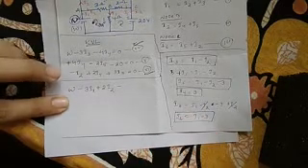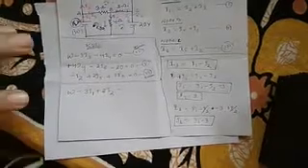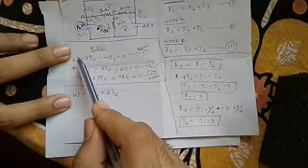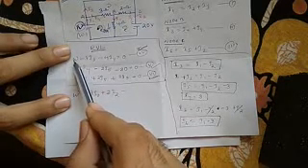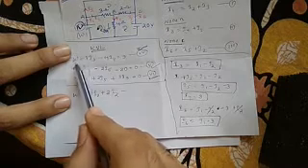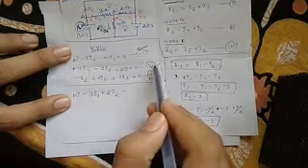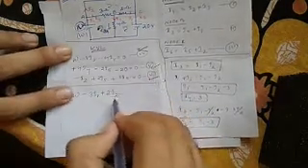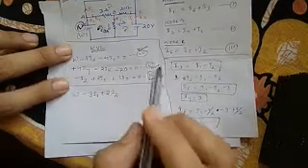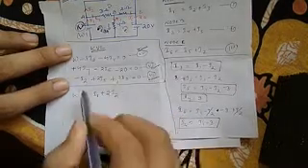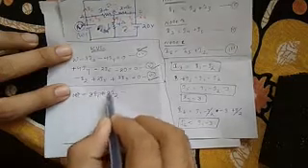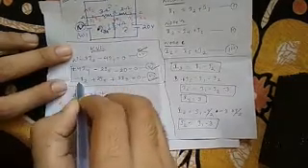We need three equations because W is also unknown and we want the value of W. We don't know the value of W, so three equations are needed. Better, we will solve these two equations, find the values of I1 and I2, and put them in W.